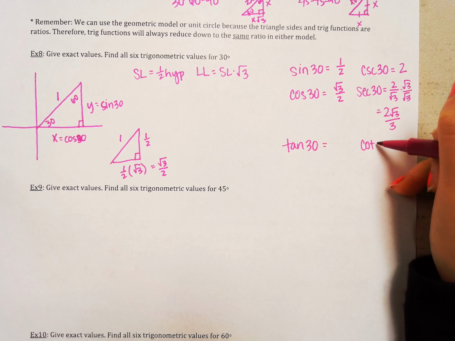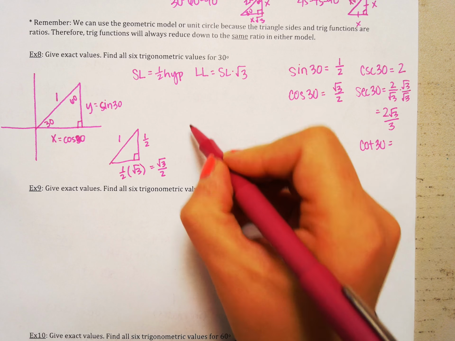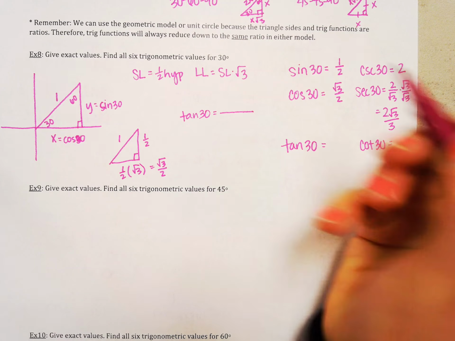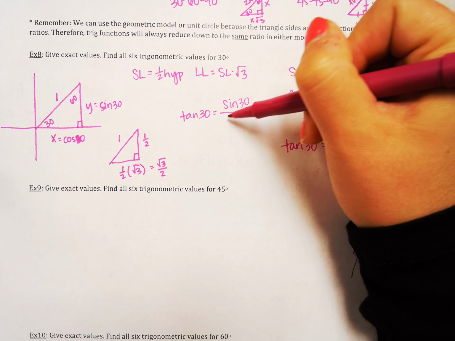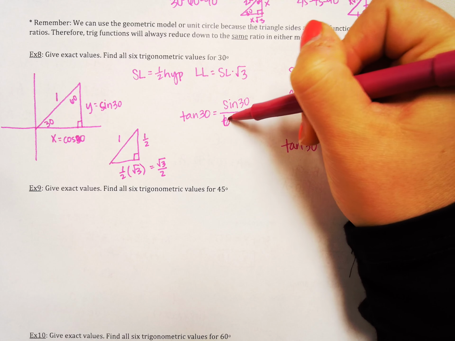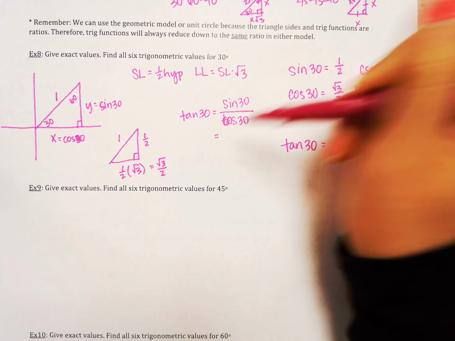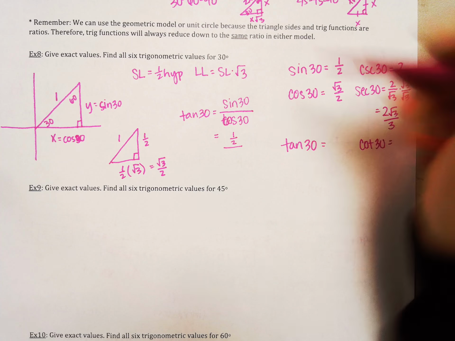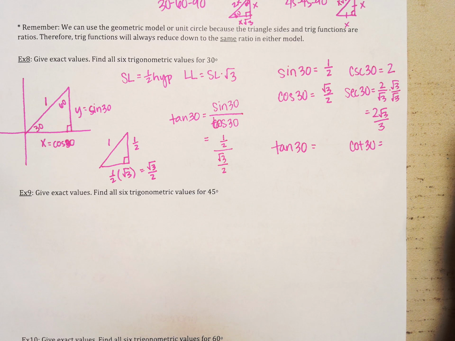So then we're coming up with our tangent and our cotangent. What I like to do for my tangent is look at my ratio of sine and cosine, because I know my tangent is that quotient identity, sine of 30 over cosine of 30. And I know my sine is 1/2, and my cosine is √3 over 2. So then I can come up with that ratio.